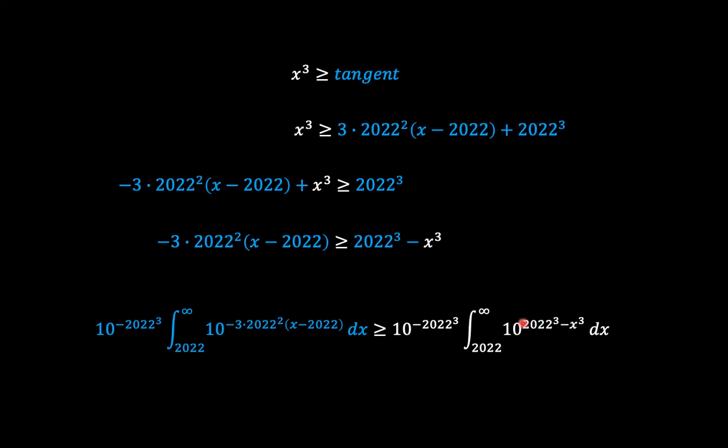So it means that substituting for 2022 cubed minus x cubed will make it for the left-hand side of this inequality that now 10 to the power negative 2022 cubed times the integral from 2022 to infinity of 10 to the power negative 3 times 2022 squared times x minus 2022 is greater than 10 to the power negative 2022 cubed times the integral from x equals 2022 to infinity of 10 to the power 2022 cubed minus x cubed.